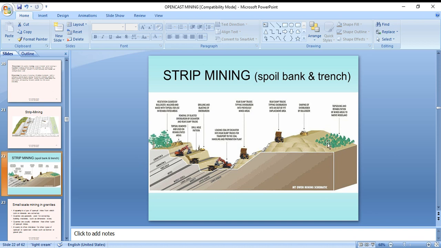Next, there is tree plantation going on here on the side. Right. This is the meaning of the strip mining method. So we can observe that strip mining means overburden can be removed in a specified manner, called the strip mining method.